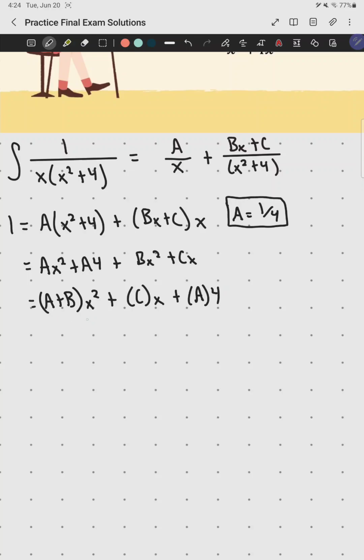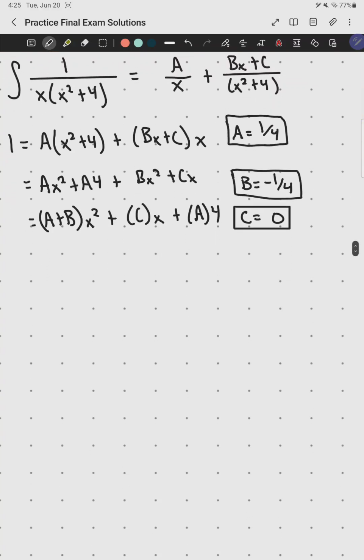Now, we have an x squared here, correct? We do not have an x squared anywhere up here. So that means that a plus b has to equal 0. If our a is 1/4, our b has to be negative 1/4, right? So our b equals negative 1/4. Since we do not have an x value, our c is actually equal to 0.